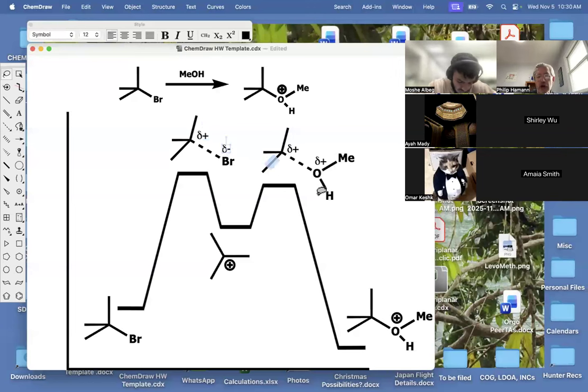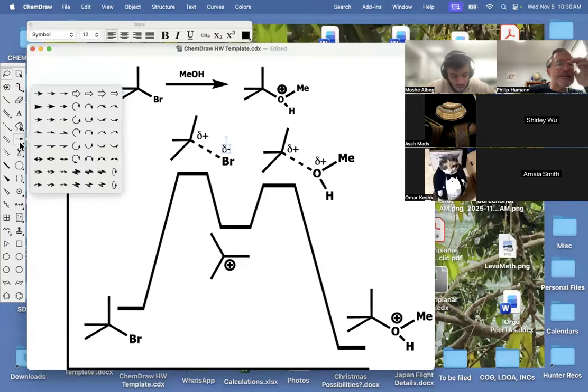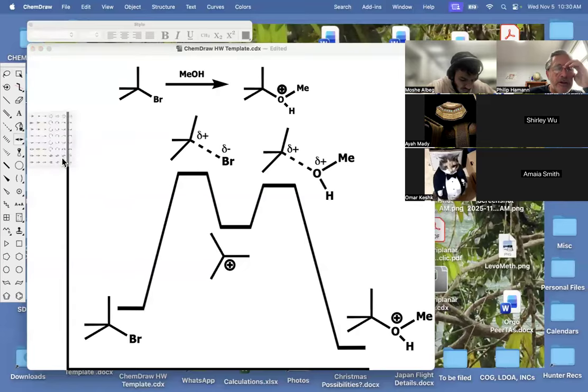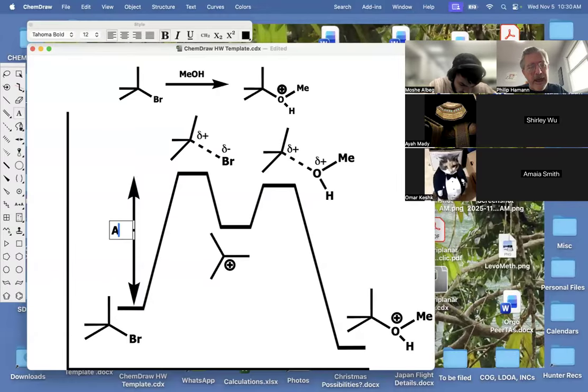Okay. So if I just ask you to add all the structures, that's all you need. There are other things on here that are important. It should be easy for you to label if I ask you to. That's an activation energy.